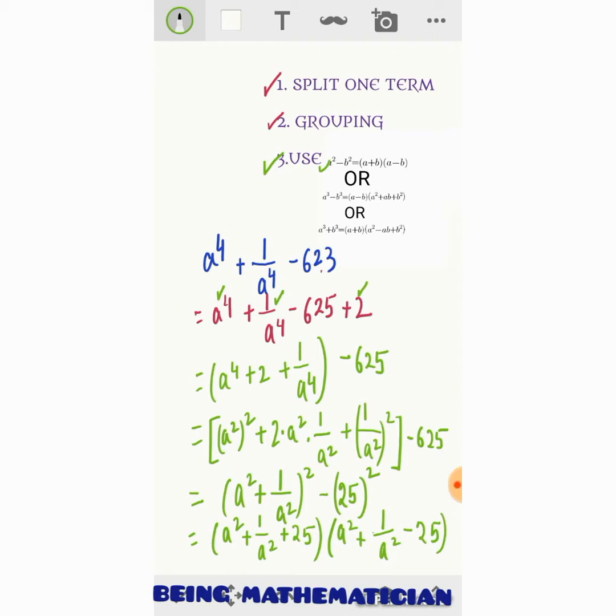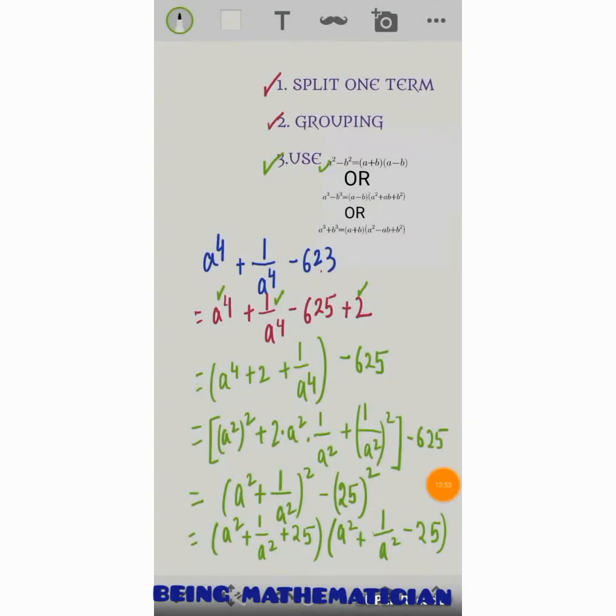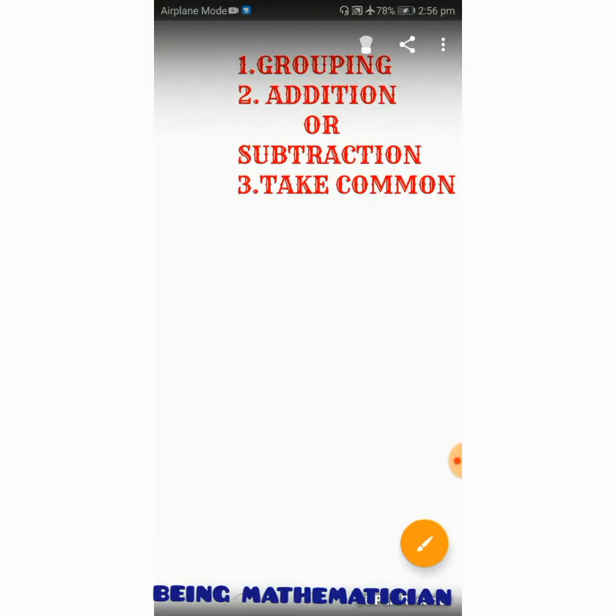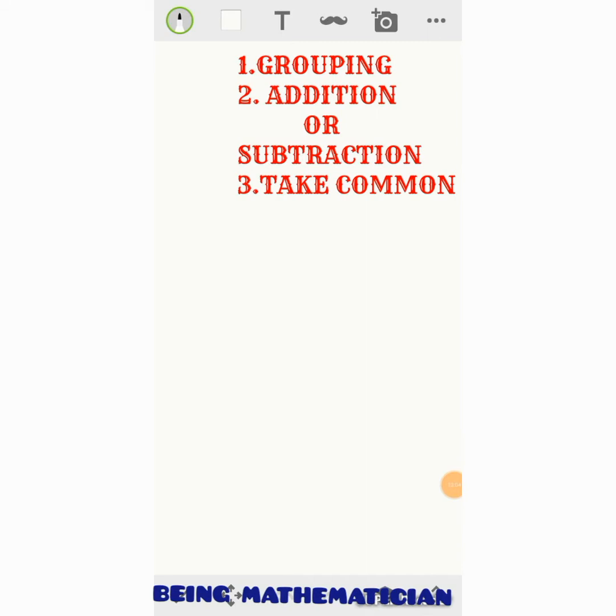So now we move to the next trick. In this trick, first we use grouping, then addition or subtraction of the terms, and then take common.